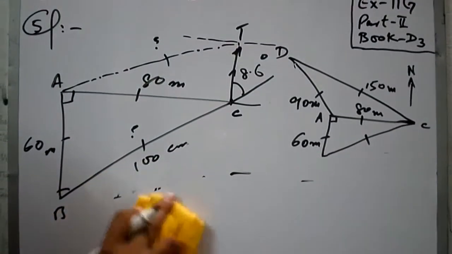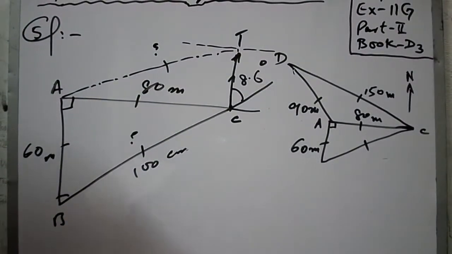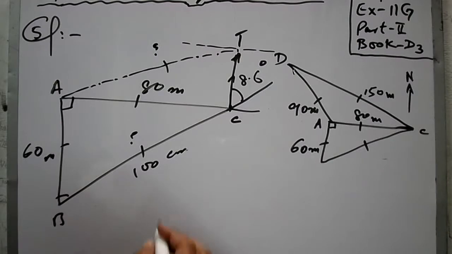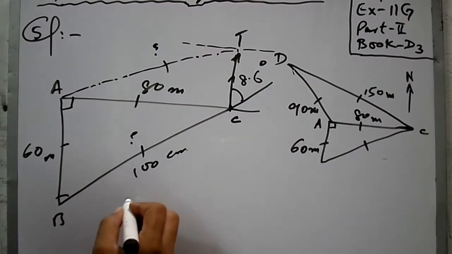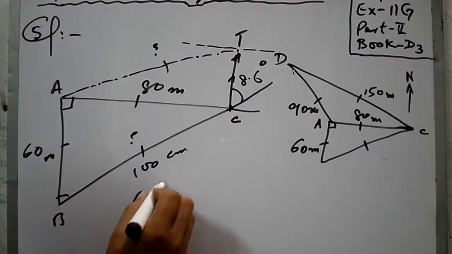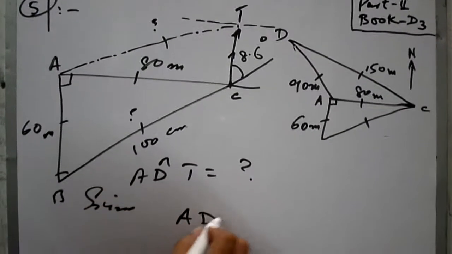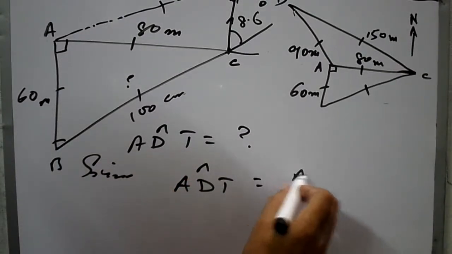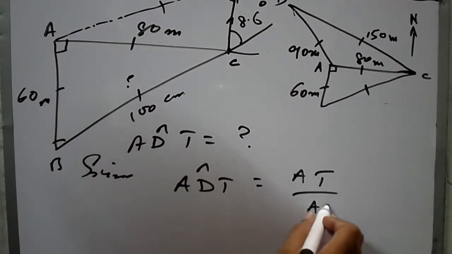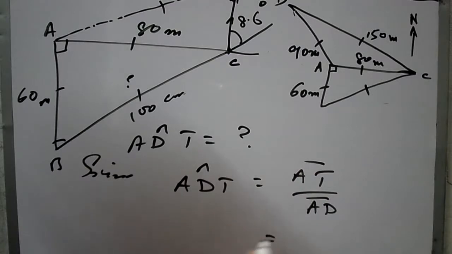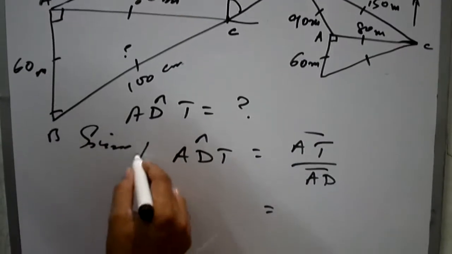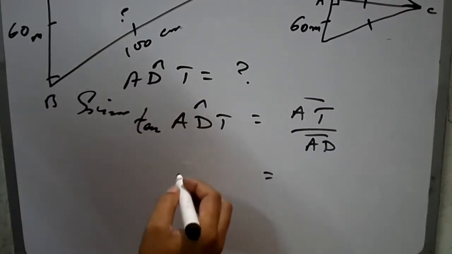Now if you give more attention towards this, we have to find that is ADT. Since again we have a formula, that is tan ADT angle is equal to once again AT by AD. So that is your tan value.